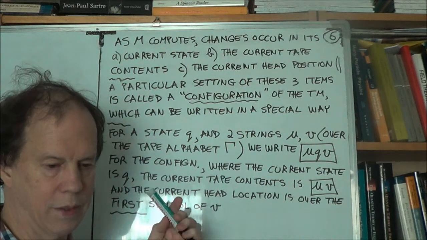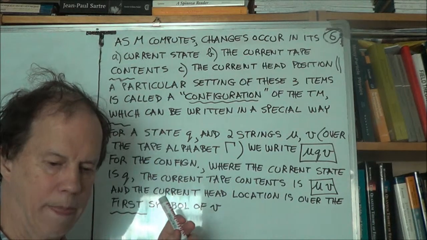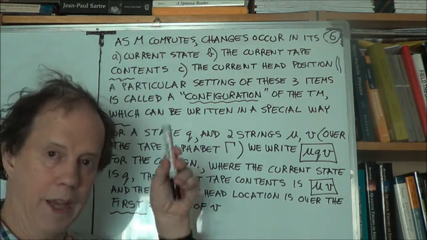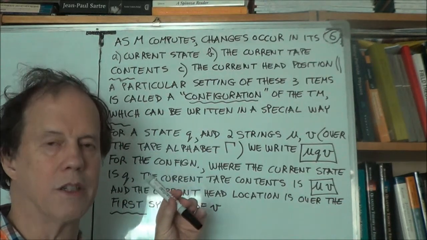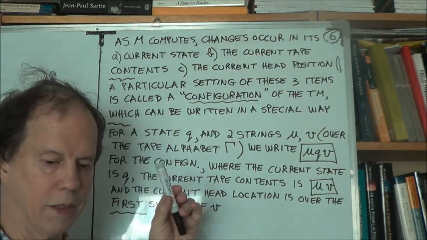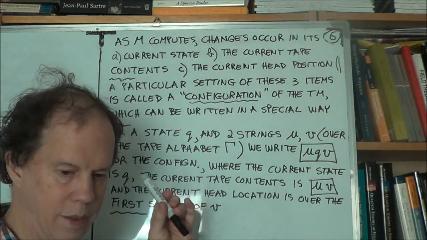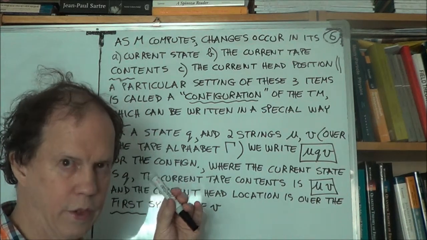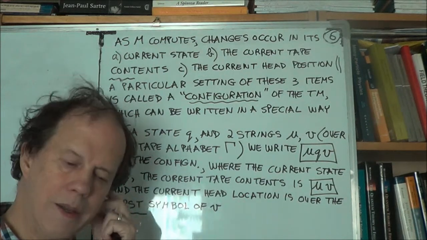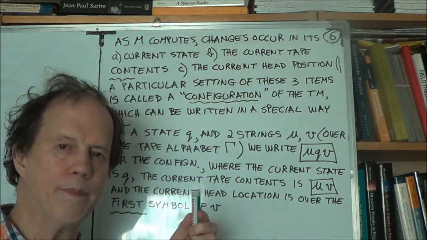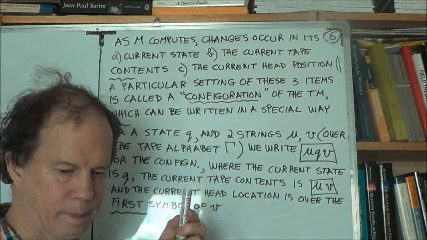The second one is the symbol to be written on the current square that the read-write head is over on the tape, so the old character gets overwritten. And the third thing is the move. Do you move left or right?